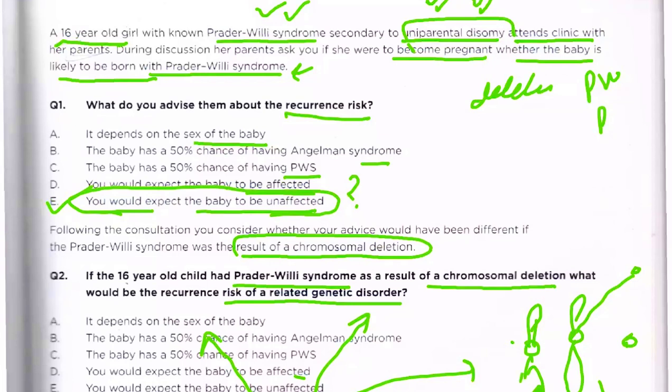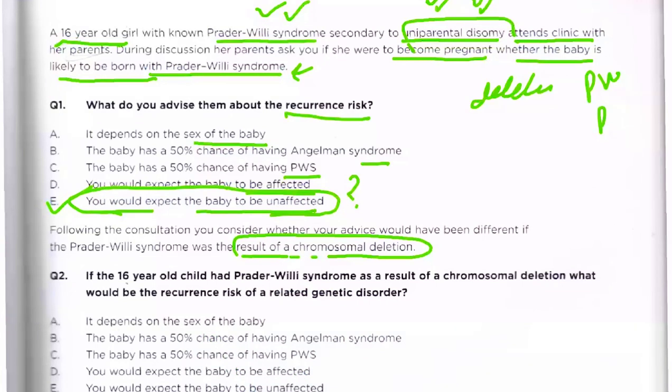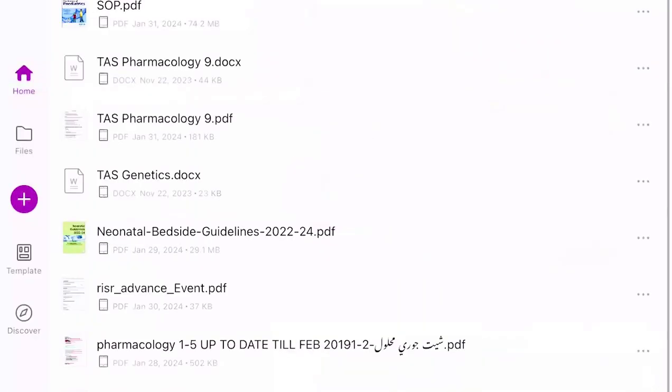So she has a 50% chance of a normal baby and a 50% chance of having Angelman syndrome. Got this point? Okay, right? So this was the whole thing. Now this is very interesting. Like this, she was a case of paternal Prader-Willi syndrome, and she is delivering an Angelman syndrome. Okay, clear?